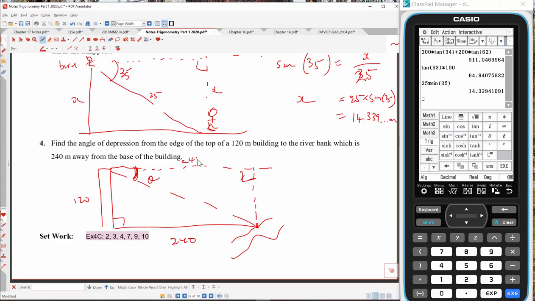So that means that's 240 and that's 120 because we've got a rectangle here. So I'm just going to go and see what I've got, which is the opposite and the adjacent. So again, with a lot of applied problems, tan is the ratio because they're usually the measurements we have. 120 opposite over 240.